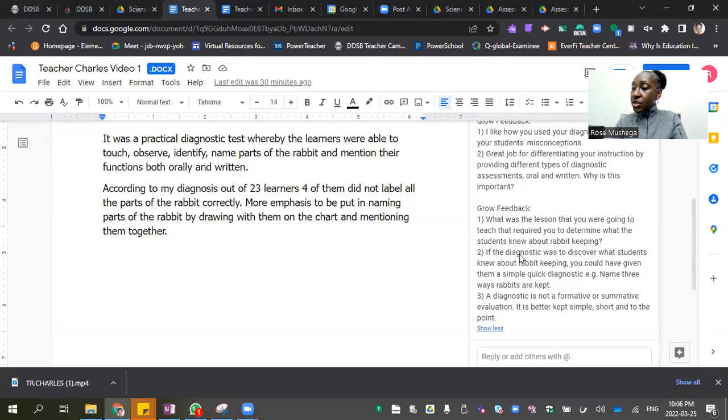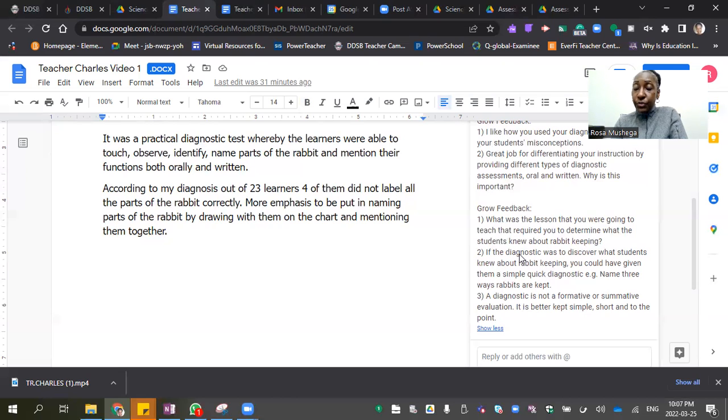There was one student in particular who had a lot of check marks, but there was a negative, maybe they got 1 or 2 parts of the rabbit wrong in the labeling, but the feedback was all negative. There was nothing that said, great job for labeling most of the parts of the rabbit correctly. Please practice labeling the other parts correctly. So we need positive feedback, a grow and a glow.